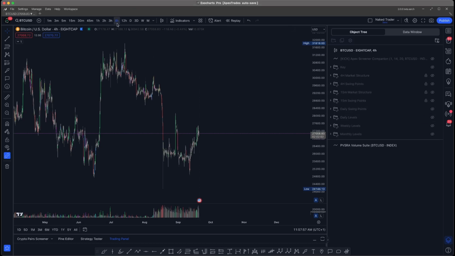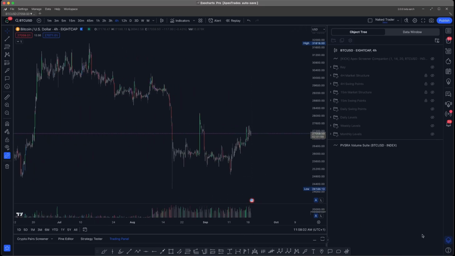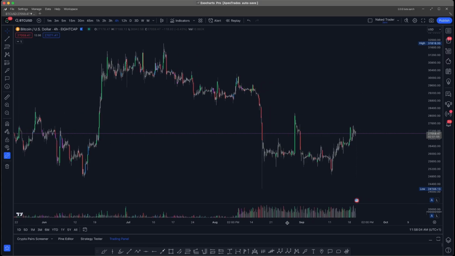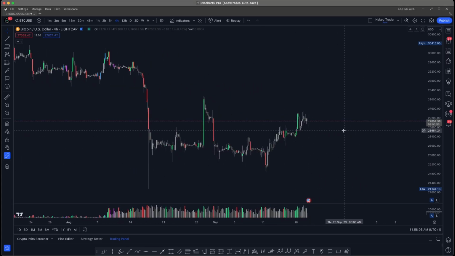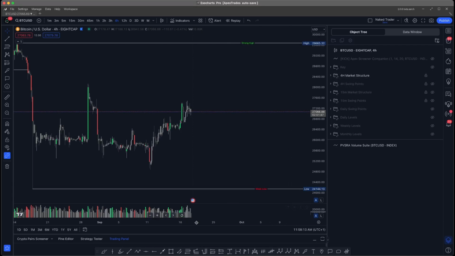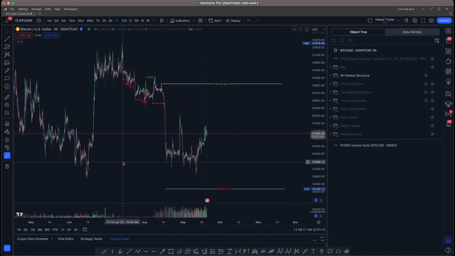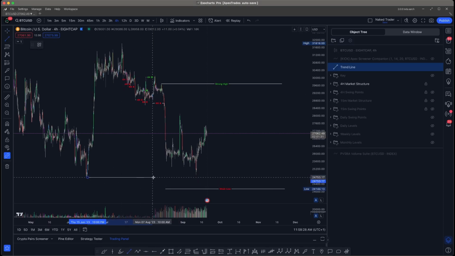So let's go back into the 4-hour, which we are in, and look at some examples of what we can detect and see. Let's bring our 4-hour market structure onto the page, which we've depicted. We can keep going as far back as we need to, but you can see right now we're in this move where we've broken what we know is a daily low, because we've just looked at that.